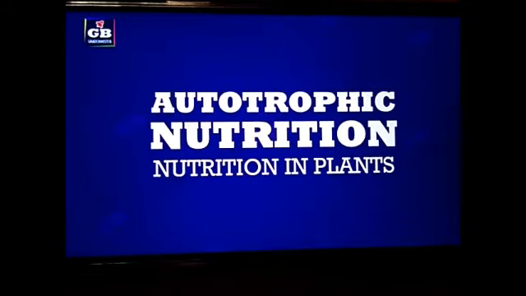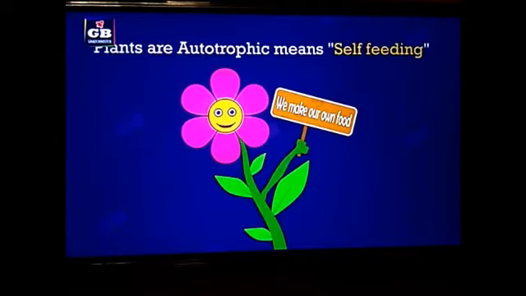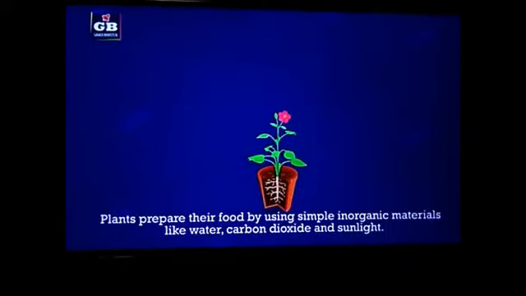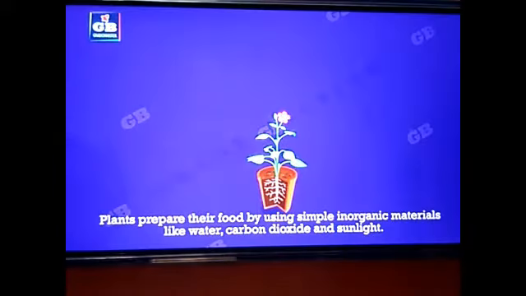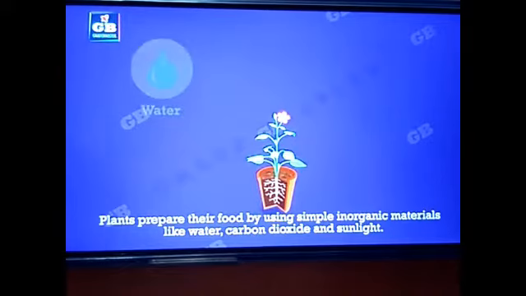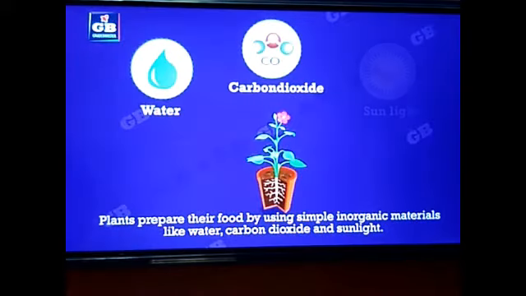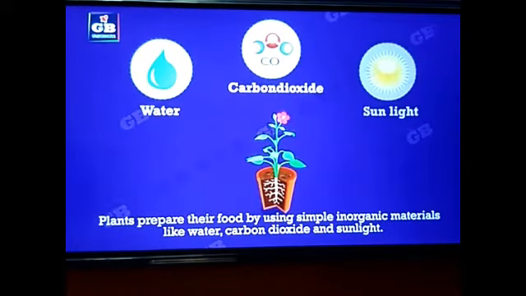Now, under autotrophic nutrition, we will see nutrition in plants. Nutrition in plants is autotrophic, meaning self-feeding. Plants prepare their food by using simple inorganic materials like water, carbon dioxide and sunlight. This process is called photosynthesis.